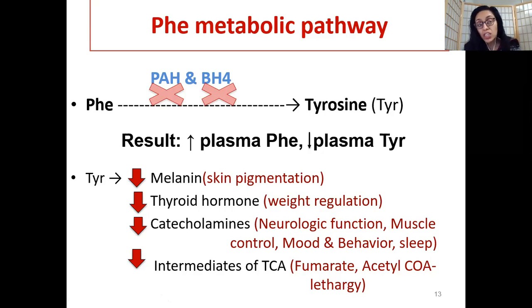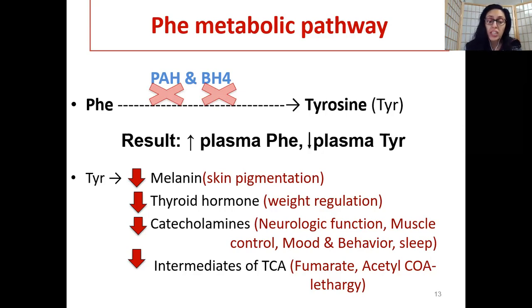And tyrosine produces intermediates of your TCA cycle, or your energy cycle, like your fumarate and your acetyl-CoA. So basically what does it mean? It means the efficiency with which you produce energy will also be impaired.